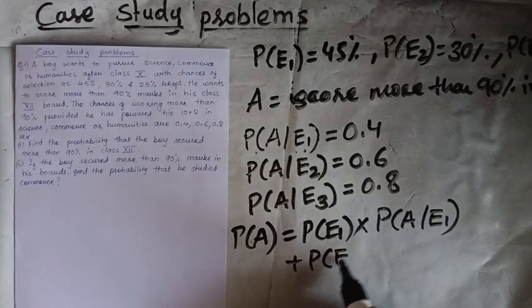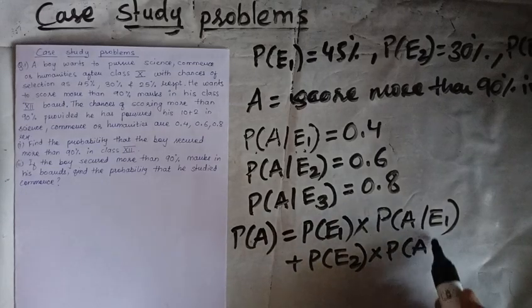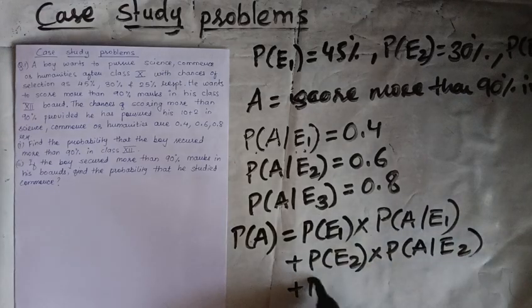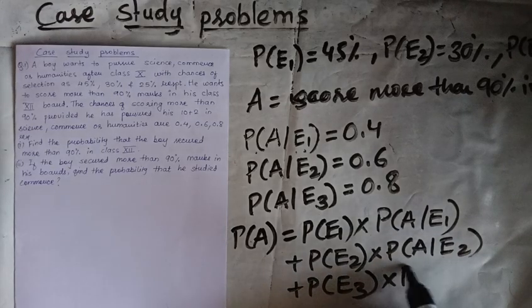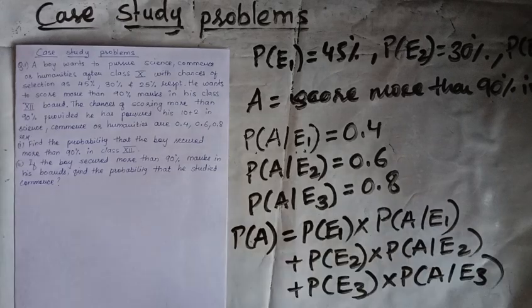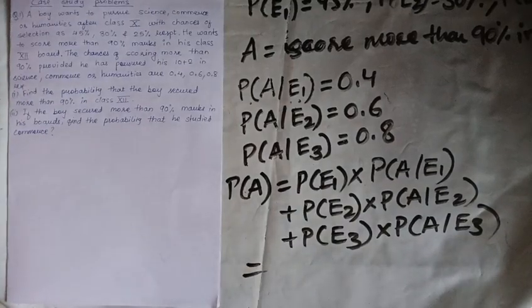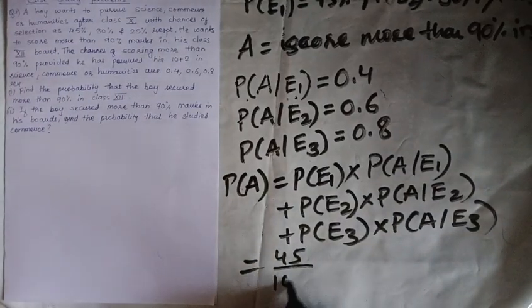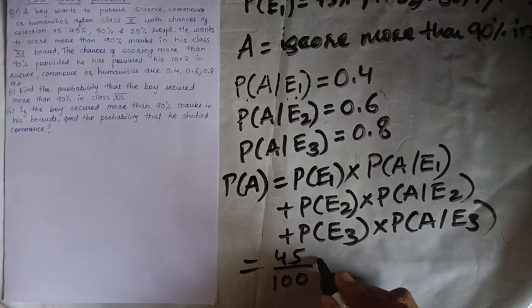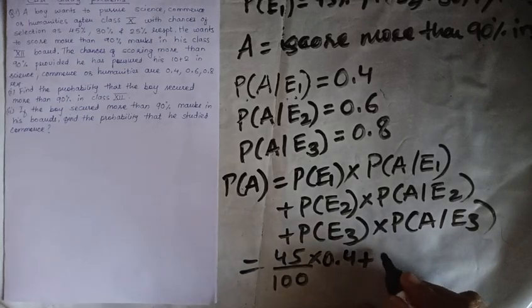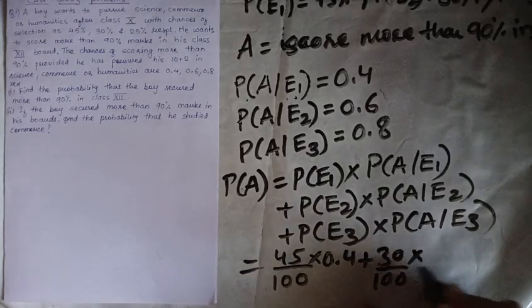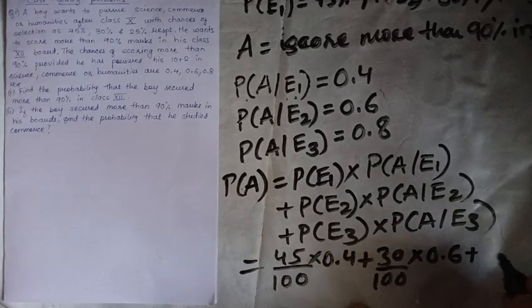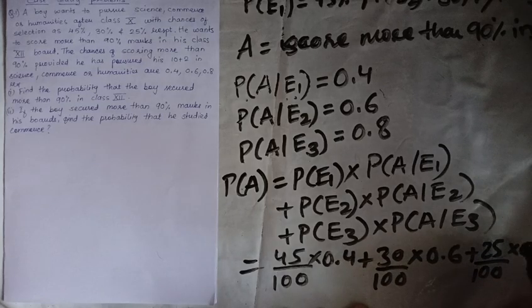plus the same for commerce, plus in humanities. So 45 by 100 into 0.4, 30 by 100 into 0.6, 25 by 100 into 0.8.